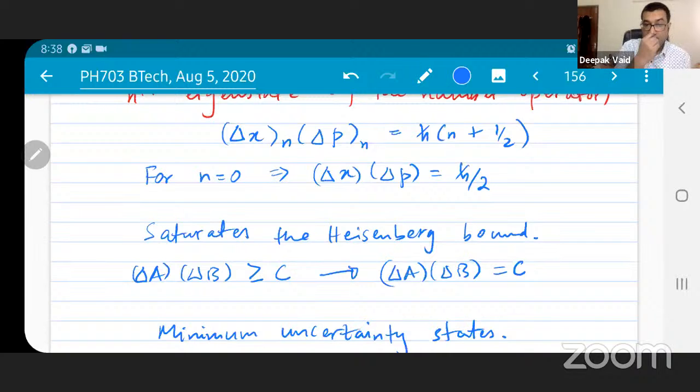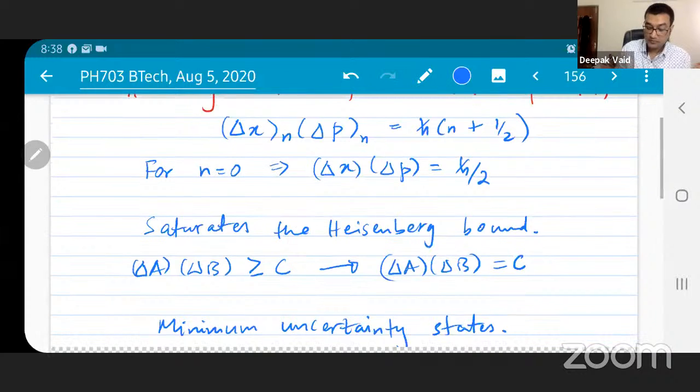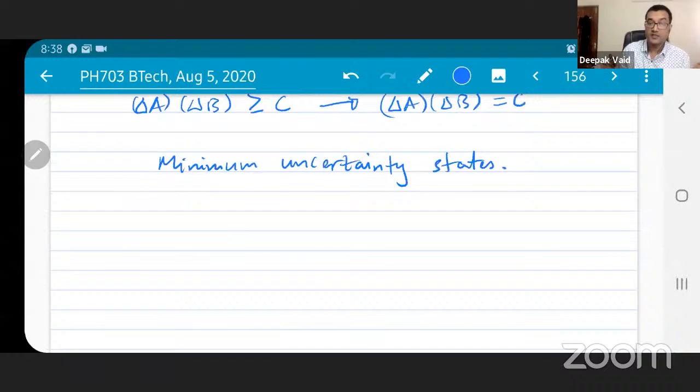So now one thing we would like to ask is, is it possible to construct states which will saturate this bound, so that we can describe something other than just ground states?